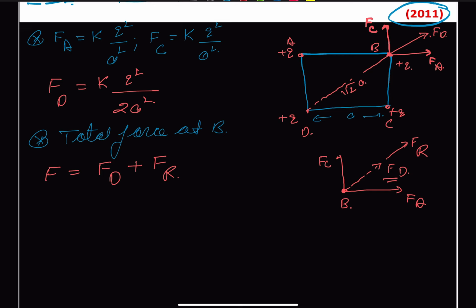Or in simpler terms, because the magnitudes are equal, both FA and FC are equal forces, so we can write it directly. FD was KQ square upon 2A square, plus our FR will be equal to square root of 2 times KQ square upon A square.